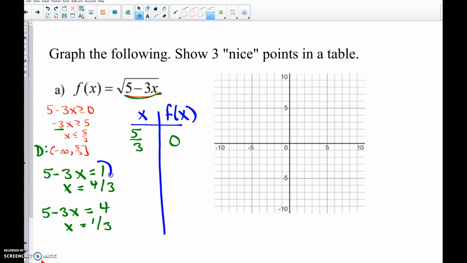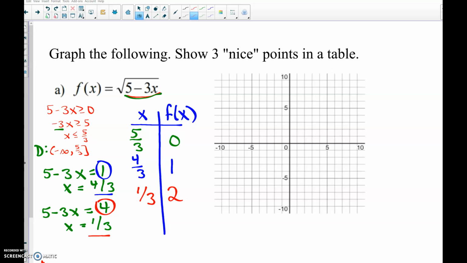For our radicand to be equal to 1, our x value is 4/3. So 4/3 as our input would result in our square root being 1. The square root of 1 is 1. For our radicand to be equal to 4, that x value is 1/3. The square root of 4 is 2. So those are our 3 x values to plug in.